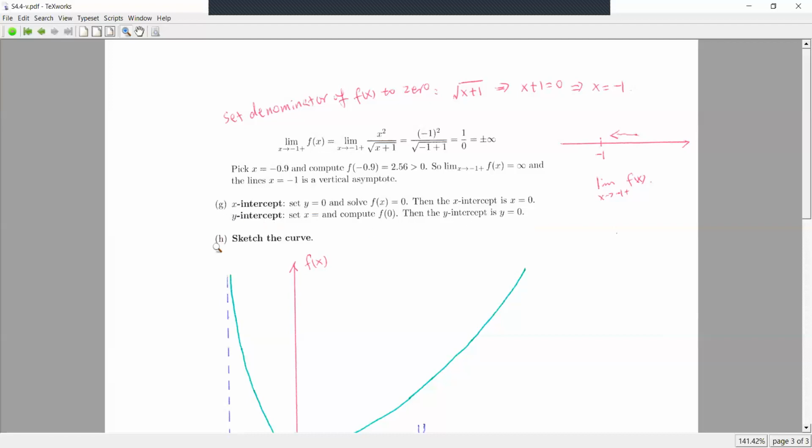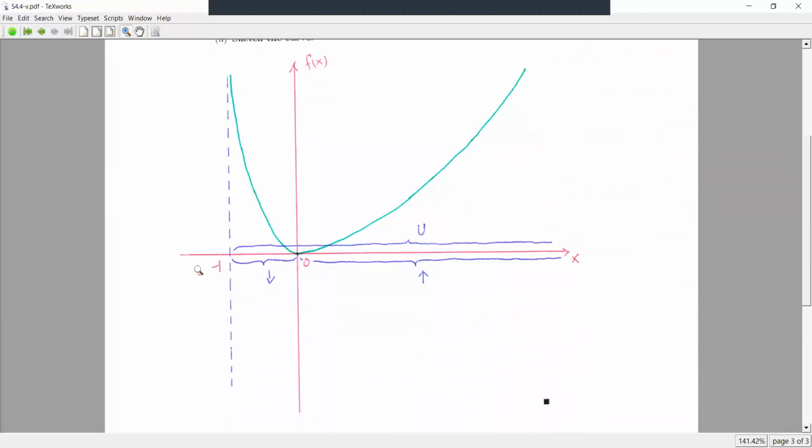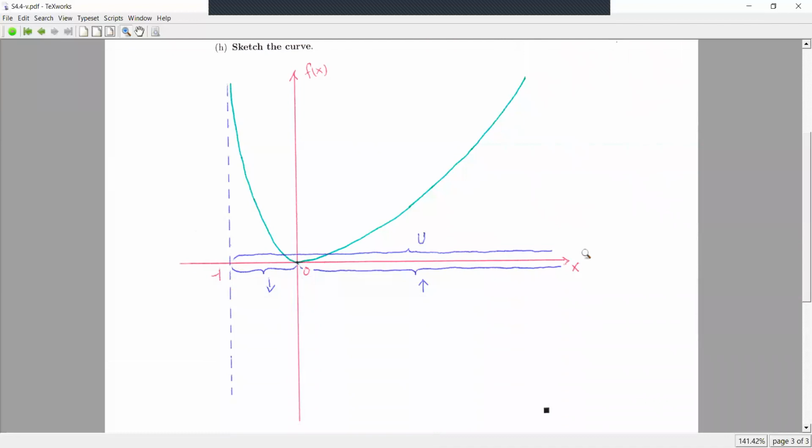Now the last step. After we have all the information, we are ready to sketch the graph. Draw an xy plane. Mark down the information. From -1 to 0, the graph is decreasing.